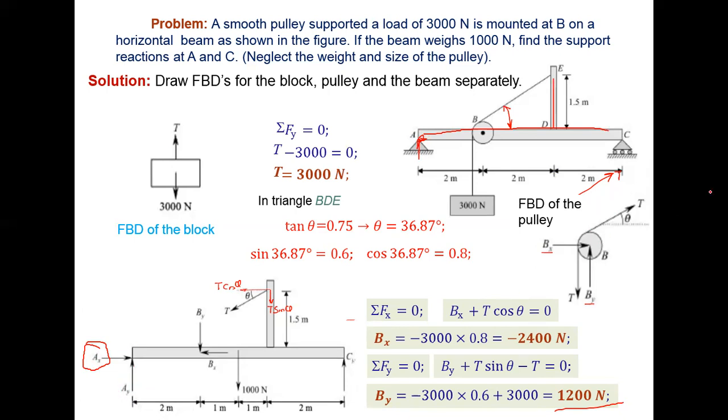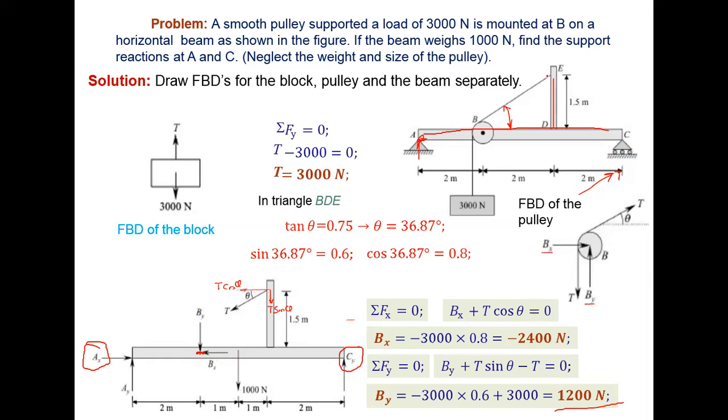For a roller support, we get only a vertical reaction. So it is point C. So the vertical reaction you can name as CY. Now for point B, we can name the horizontal reaction as BX and the vertical reaction as BY. And there is a self weight of the beam, that is 1000 Newton, that you can apply.